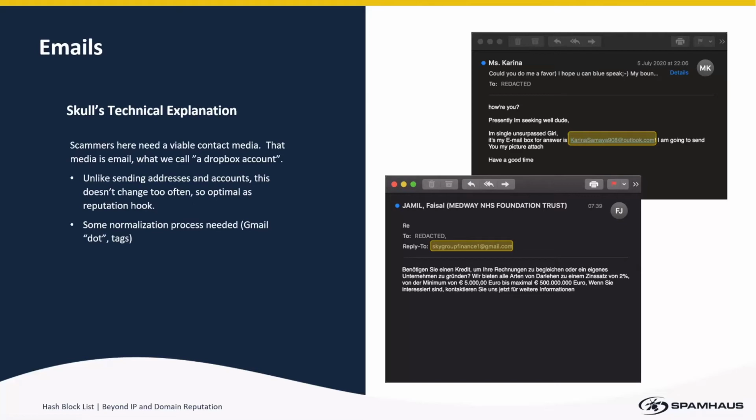Think, for example, of some ESPs that happen to have, despite all their effort, some rogue customer sending out through their infrastructure. Well, those can be a problem per se. The reason is that many ESPs will replace all the links in the email message that their customer was sending out with links pointing back to their tracking infrastructure.